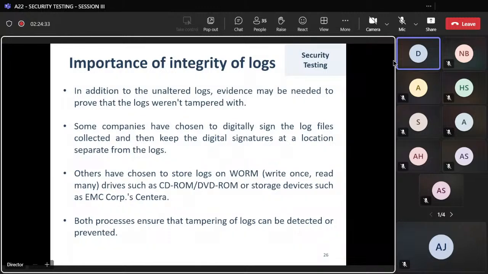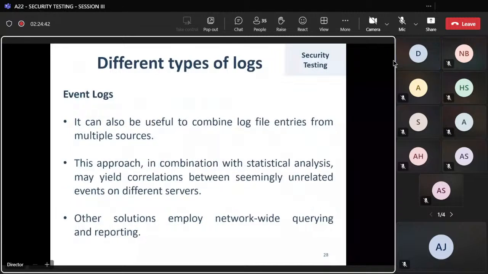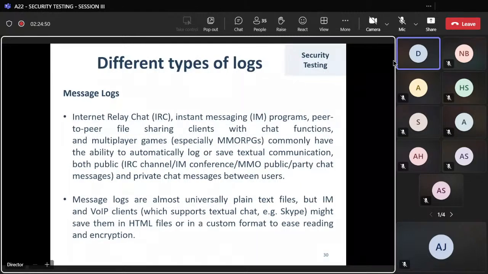Importance of the integrity of logs, and different types of logs. What we have are event logs, then the transaction logs, then we have the message logs, like Internet IRC or IM programs.